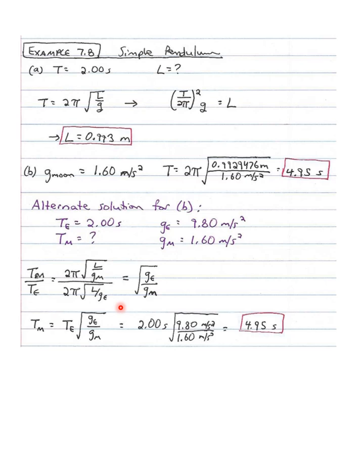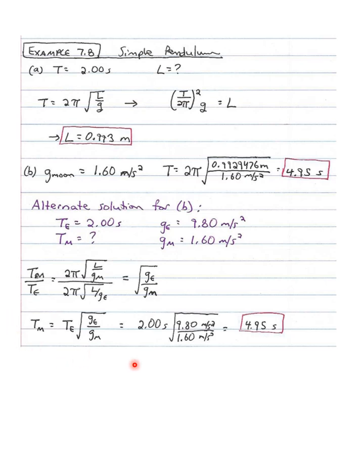So work through it, and I didn't write out the intermediate steps, but you should be able to see that because those are reciprocals, you're left with the square root of g on the Earth over g on the Moon. And that's it, that's the ratio of the periods. So period on the Moon equals period on the Earth times the square root of g on the Earth over g on the Moon, because if we go back up to this equation, I've multiplied both sides by period on the Earth.